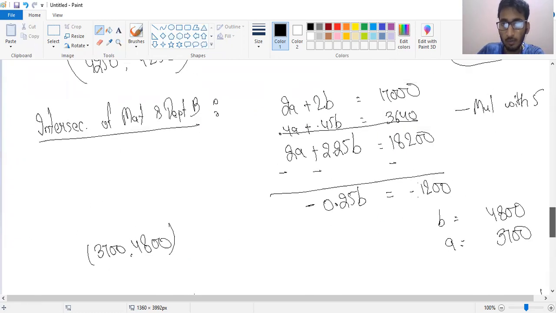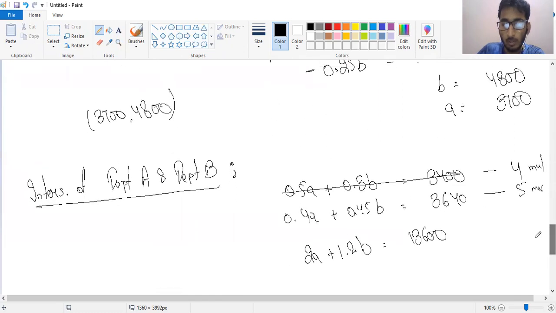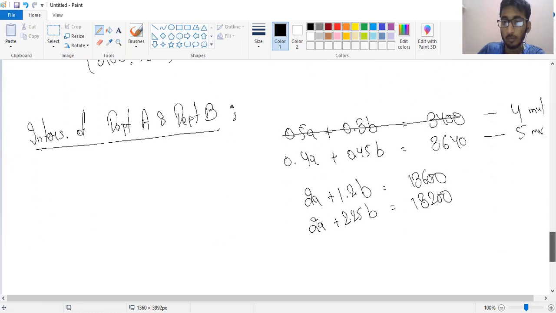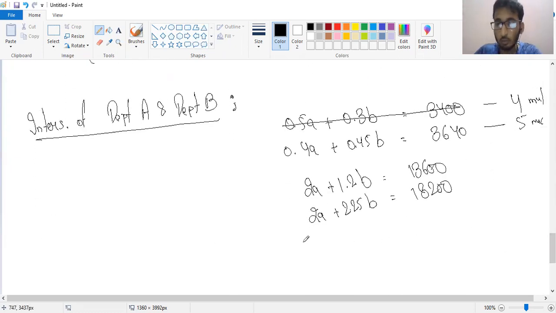And if I multiply it with 5, it would be 2a plus 2.25b equal to 18,200. Okay, so this question cannot be solved any other way. This is the only way to solve the question. That's why most of the teachers do not touch this question.